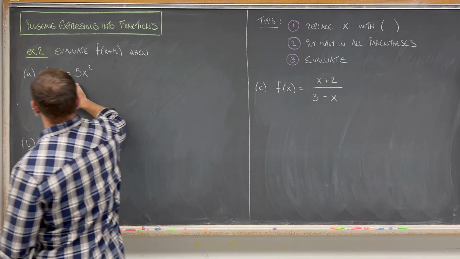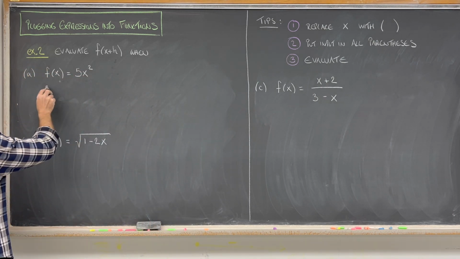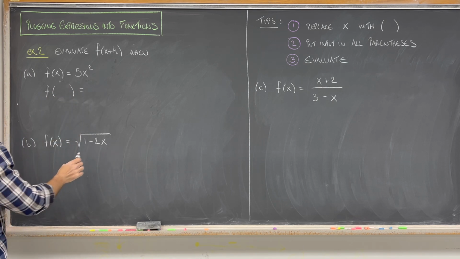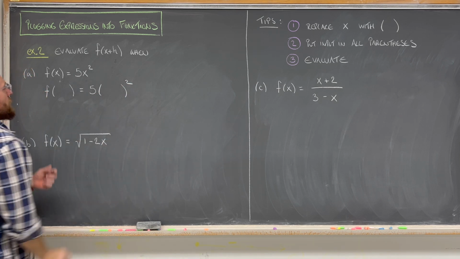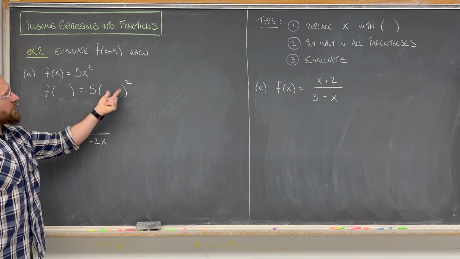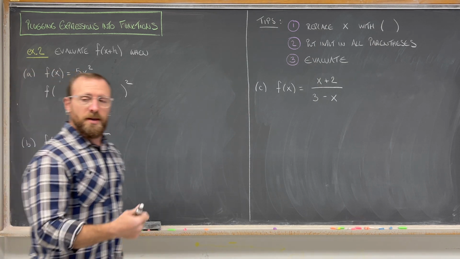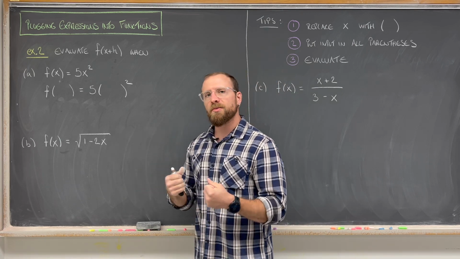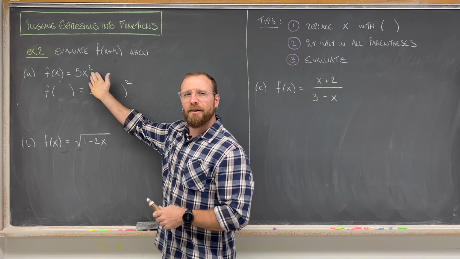The correct thing to do, and I still have the tips on the board, is to set yourself up for success by rewriting this, giving yourself a proper template for what this function does to any input. No matter what the input is, you should square it and then multiply it by 5. That's what this says. When we say f of x equals 5x squared, this is what it means. The function is more about the verb, what it does, than the particular way that it looks.